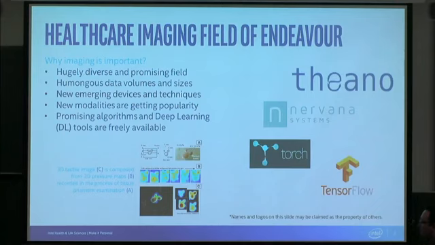These modalities bring new challenges in terms of how we process and pre-process this information, and then how we feed it to the deep learning frameworks. Here I also put some of the well-known frameworks in this field: TensorFlow, Torch. Intel also recently acquired Nervana Systems with its own Neon framework. Also, of course, obviously Theano.